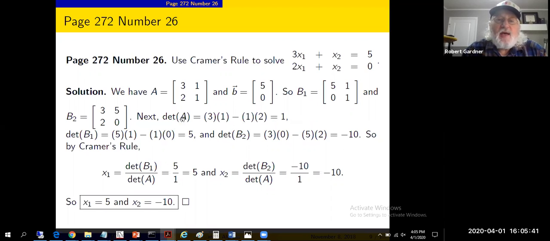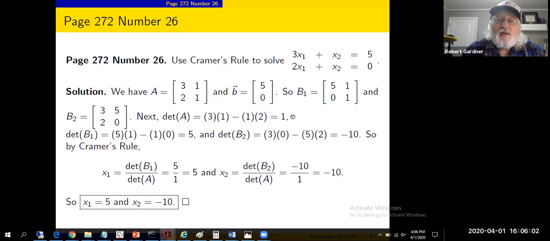Anyhow, determinant of A, easy enough, 3 times 1 minus 1 times 2, that's 1. We'll need the determinant of B sub 1, 5 times 1 minus 1 times 0, 5. Determinant of B sub 2, 3 times 0 minus 5 times 2, 0 minus 10, negative 10.